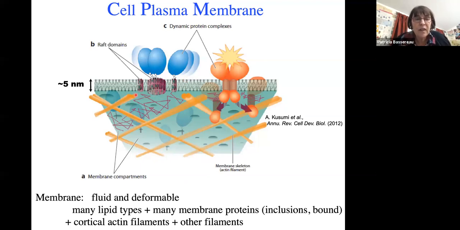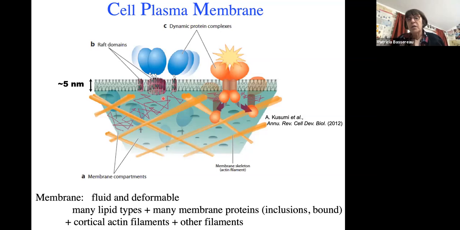But as you can see here, there are also actin filaments bound to the plasma membrane, which is called the cortex. Being bound to the plasma membrane, this limits the diffusion of molecules in the plane of the membrane. There are also other filaments, but it's mainly actin which is involved in the confinement of proteins in the plasma membrane.